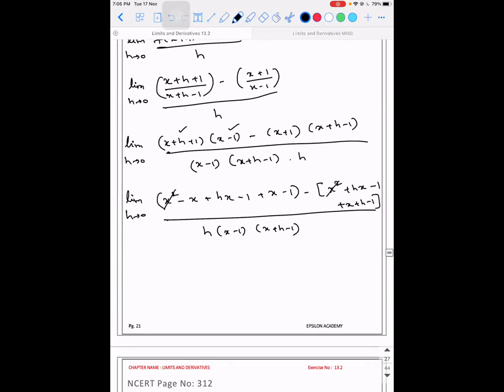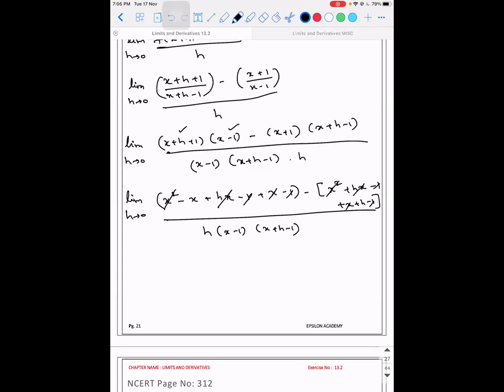X square gone. Hx gone. The basic function will get cancelled out. X is gone. Minus 1 is gone. And here also you have a minus 1, that is also gone. So what is it you are left out with? Minus 2h will be remaining. Minus 2h.